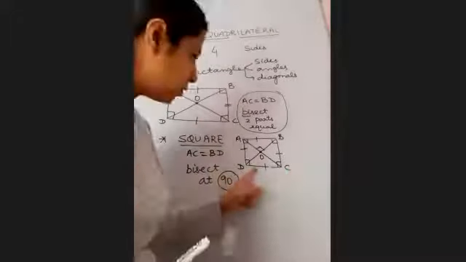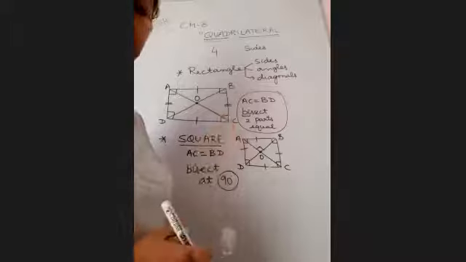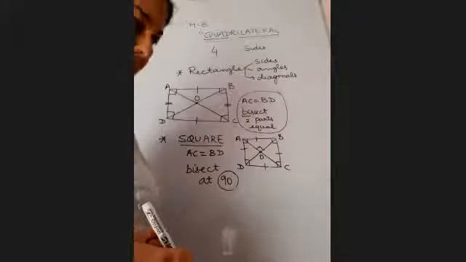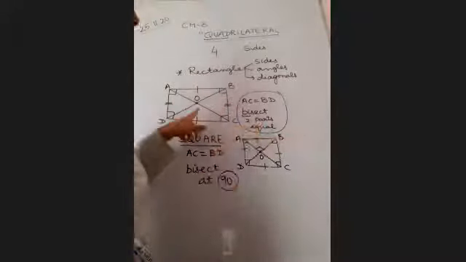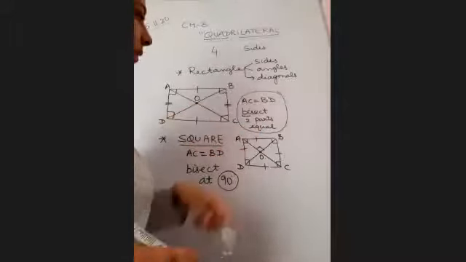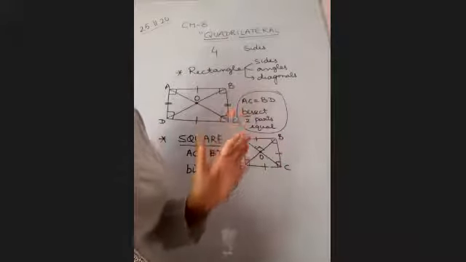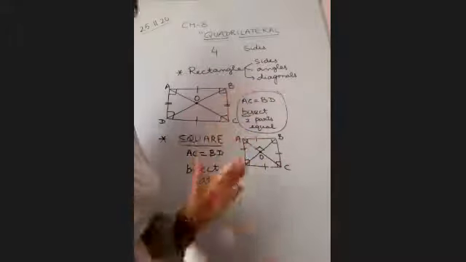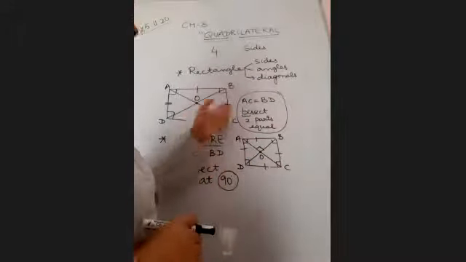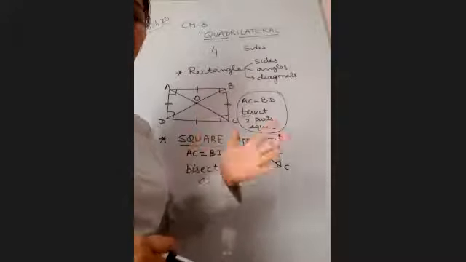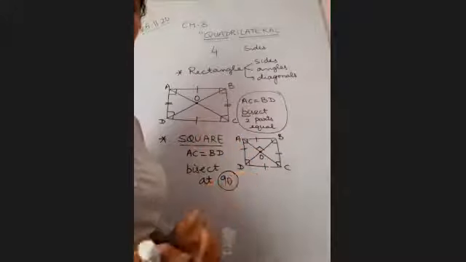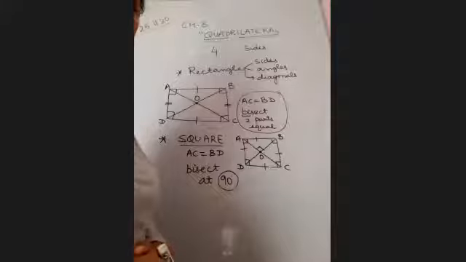So is every square a rectangle? Yes, ma'am. Is every rectangle a square? No, ma'am. The first condition is not fulfilled. Sides are not equal. So it is no. Clear, beta?